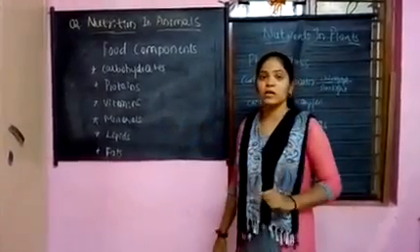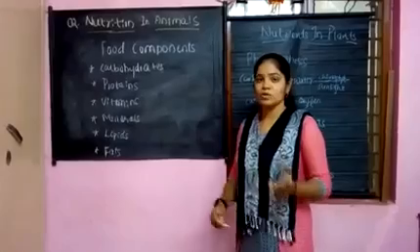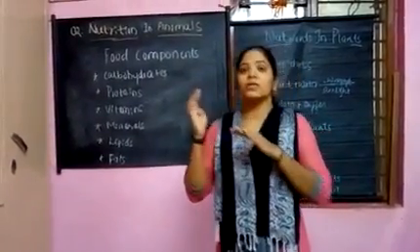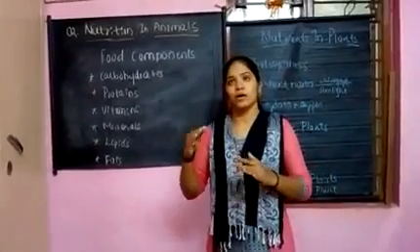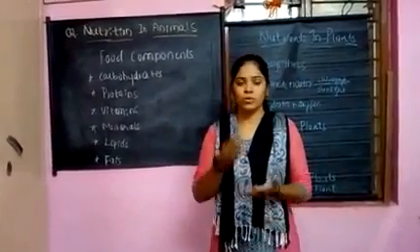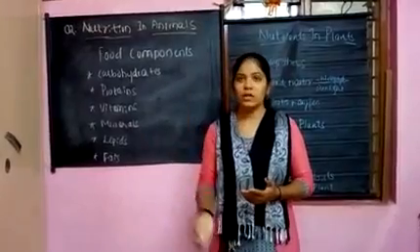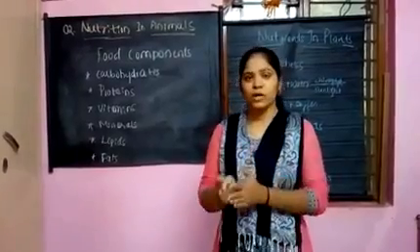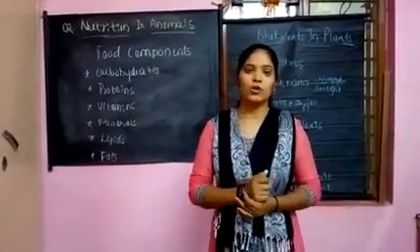Okay. So the food components that are present are called complex compounds. Why? Because they are made up of simpler substances. A group of simpler substances will produce a complex substance, and the process of breaking down a complex substance into simpler substances is called digestion.